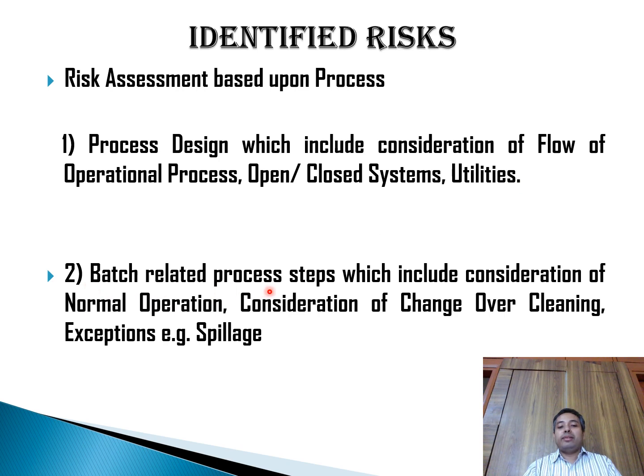Batch related process steps include consideration of normal operation requirement, consideration of changeover cleaning process, and exceptions, for example, what to do in case spillage occurs while manufacturing the dosage form.